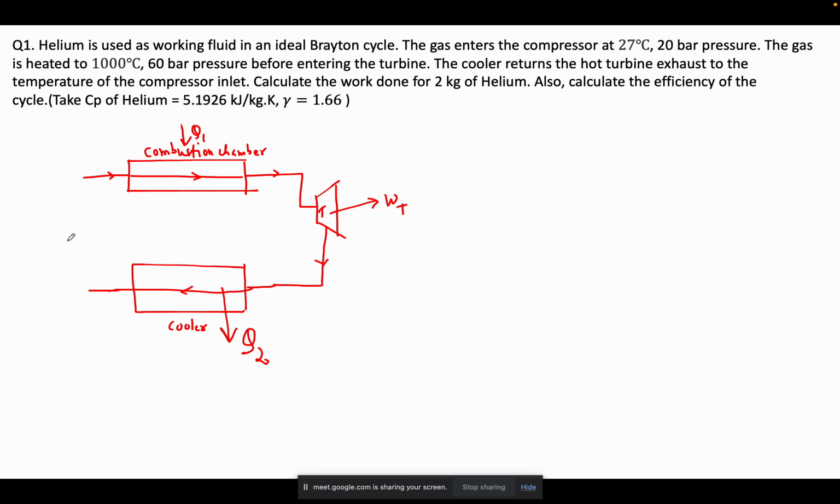For that you have to compress it. So for that a compressor is placed there. That is the compressor, and that is termed as C, and which will require some amount of work WC. So this is the schematic diagram for a Brayton cycle.